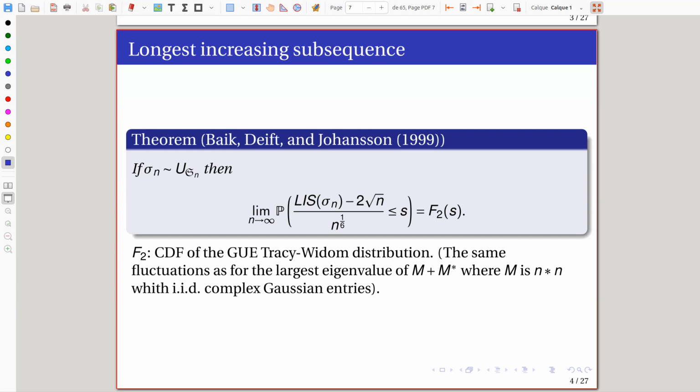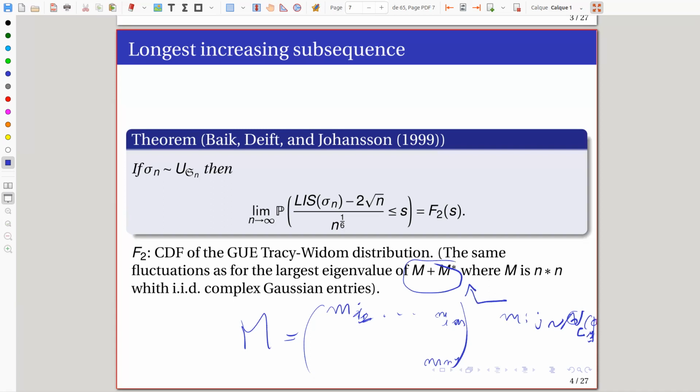For instance, if you take one matrix with entries that are all Gaussian, but complex Gaussian, and you look at this matrix, the largest eigenvalue will have the same fluctuation as the longest increasing subsequence of a random permutation. So this phenomenon appears in many models that don't have any obvious link between them. And this is why those questions became famous.